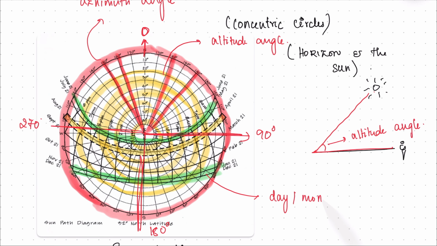And lastly, the lines that cut through, these lines represent the hour of the day. Okay, so I hope this is clear. Now let's consider an example.